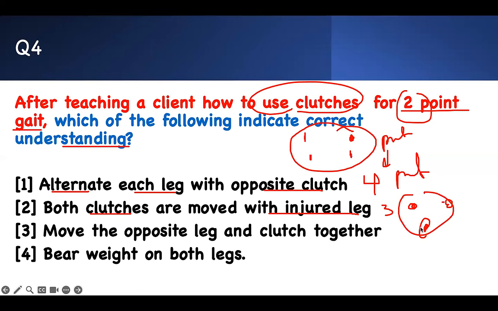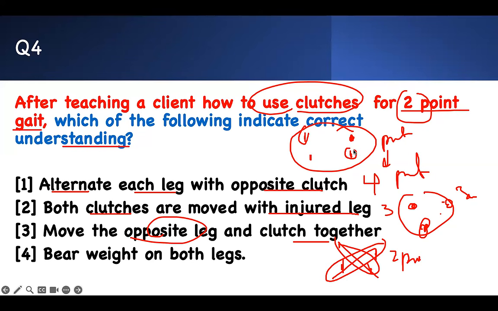You're going to have one leg on the floor and the other one up. The injured leg will be up. There are 3 points. Move opposite leg and crutch together: one crutch and one leg together, then the other crutch and the other leg. So you have this moving together, this moving together. What do you have? 2-point attachment. When you move this, then this, crutch, then leg, crutch, then leg, you have 4 points of attachment.